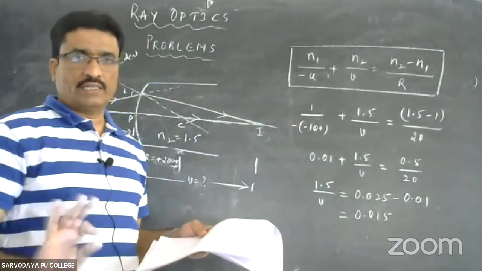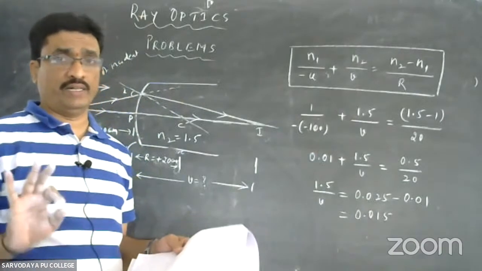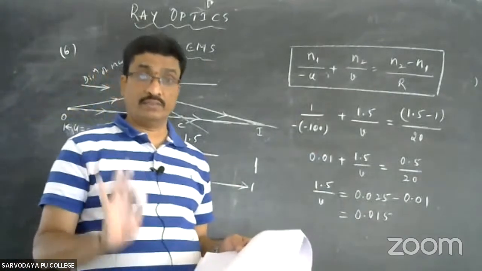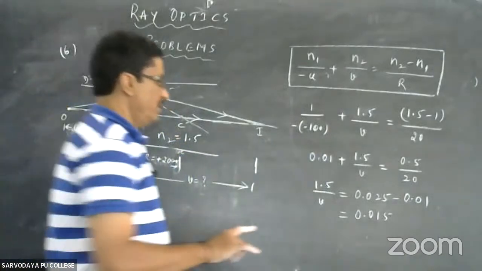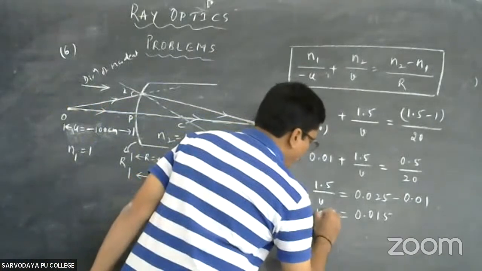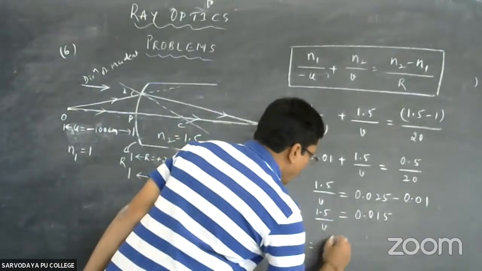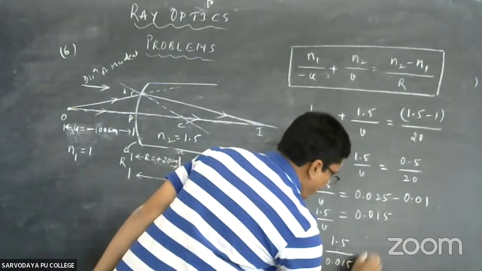We have not converted distances into meters. Remember that we have taken everything in centimeters, so the final answer will come in centimeters. If you do the meter conversion, you will get it in meters. Therefore this is only 1.5 by v. Therefore v is 1.5 divided by 0.015.